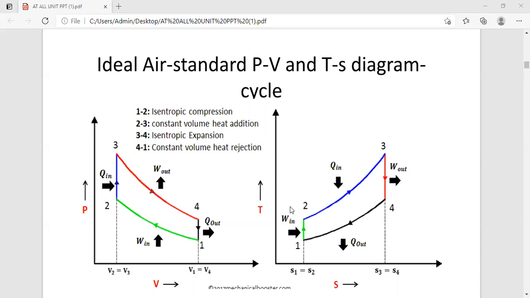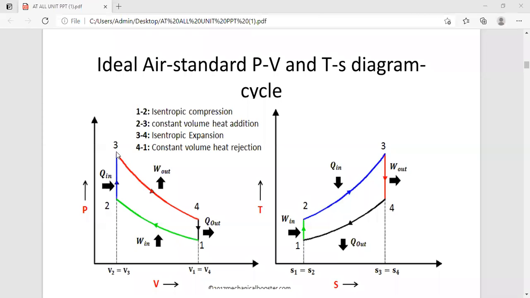And heat addition, during this 2 to 3 process, you can observe the entropy is increasing and temperature is also increasing. So this is the heat addition process. So this process is called the constant volume heat addition.